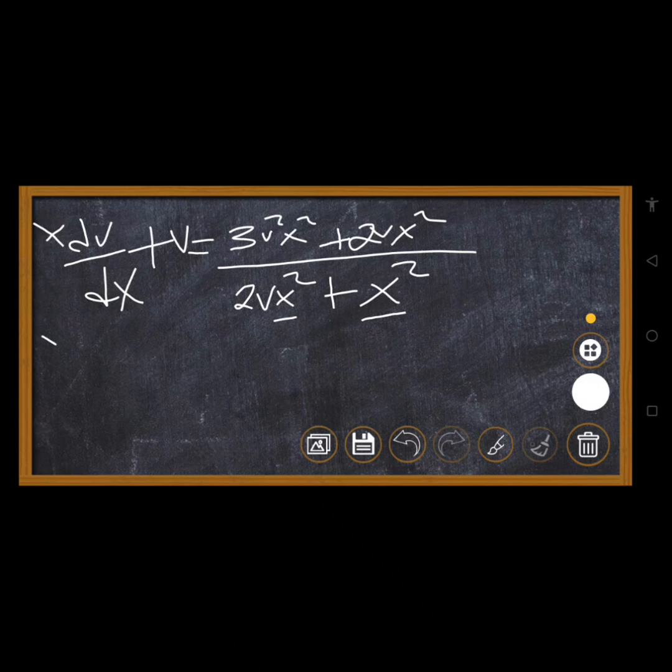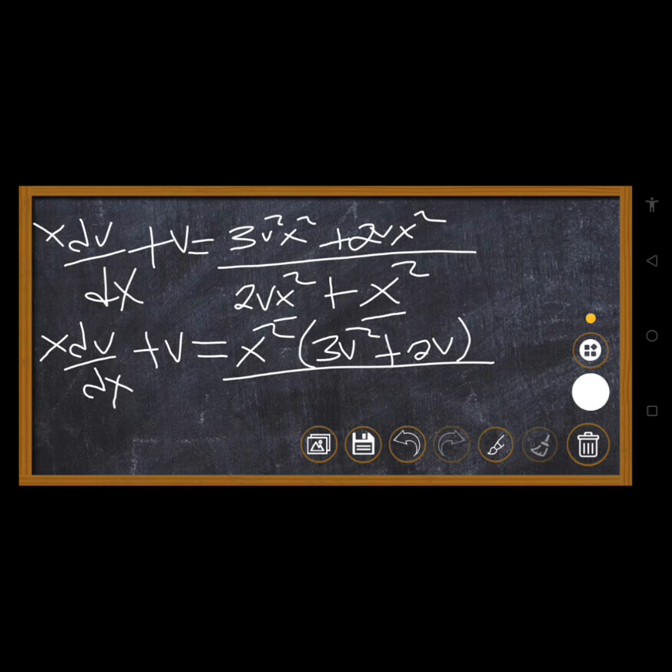So here we have x dv over dx plus v equals x squared times 3v squared plus 2v over x squared remaining with 2v plus 1. So we can cancel x squared and x squared here.